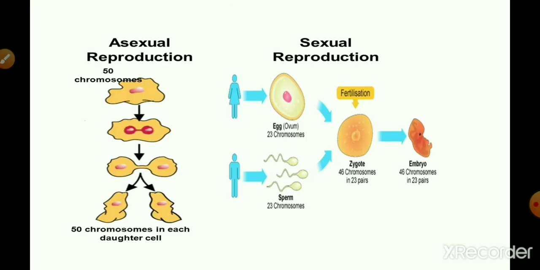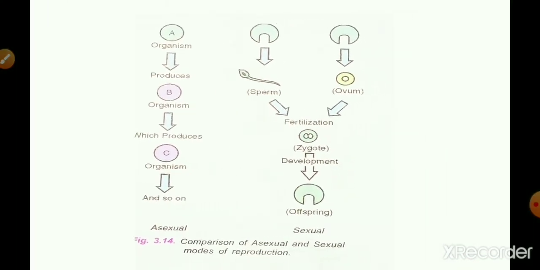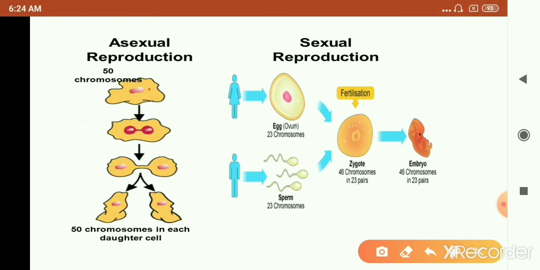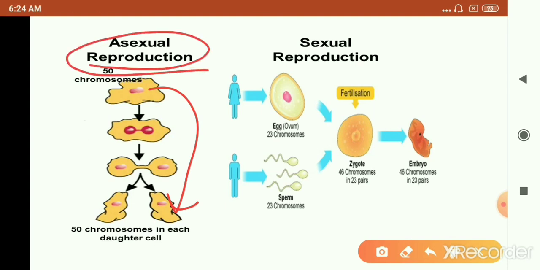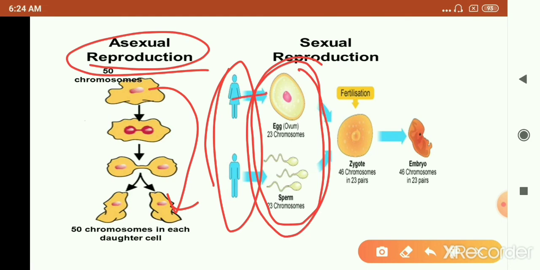Now here you have the diagram. Just have a look at this picture. In case of asexual reproduction, a single parent will give rise to the new individual, whereas in sexual reproduction, there are two parents involved, and the role of the parent is only to produce gametes.